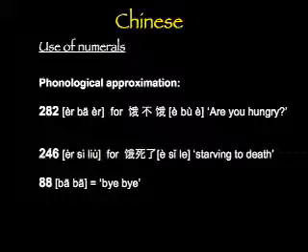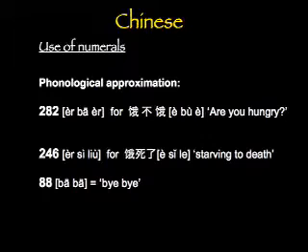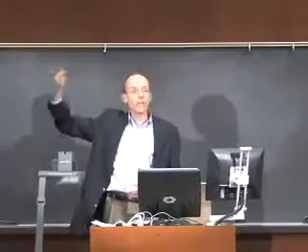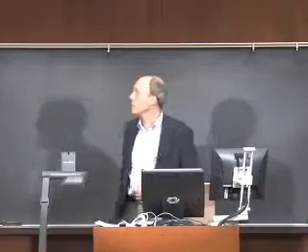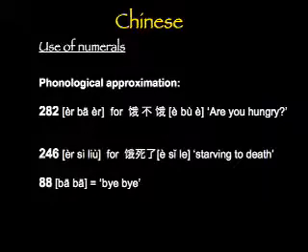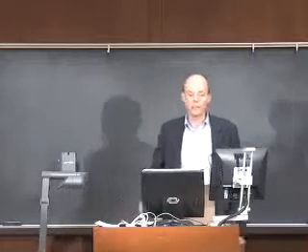So here we have ar, ba, ar for bu, are you hungry? And so 2A2 would be a complete question. And then ar, si, liu for si, le, starving to death. And then number 8 is ba, so you have ba, ba for bye-bye, being used as a sign-off.